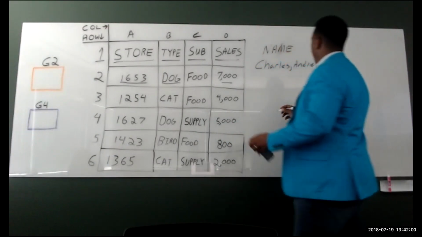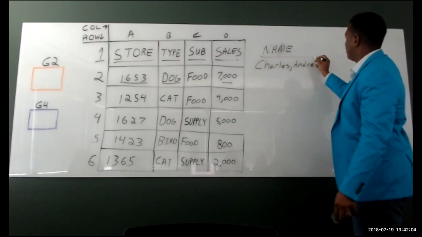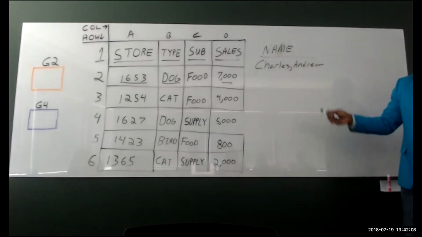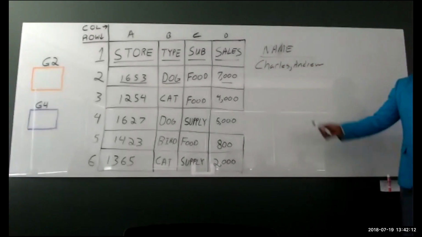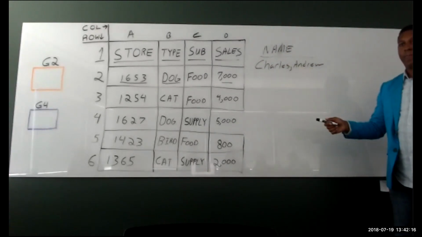Okay? So if I have a name list in a column that says Charles, Andrew, but I wanted to say Andrew Charles, how do I do it? How do I take this thing and flip it around?